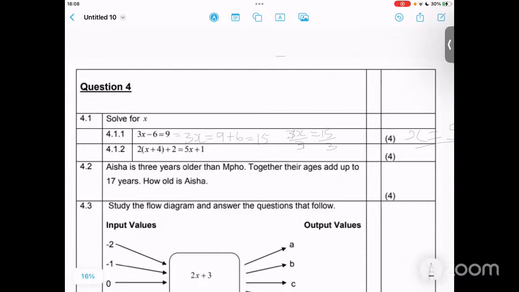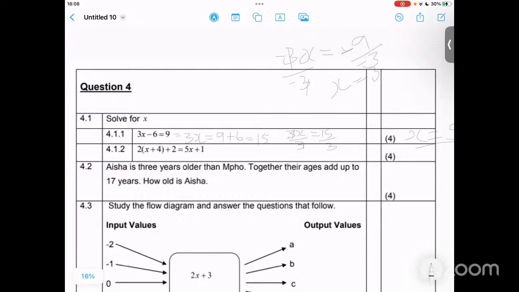Then, ma'am, we have 1 minus 2 minus 8, which will give us -9. Then we're going to divide both by -3. That will give us x is equals to 3, ma'am. Okay, x equal to +3.